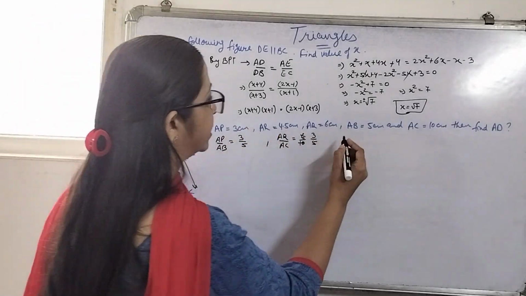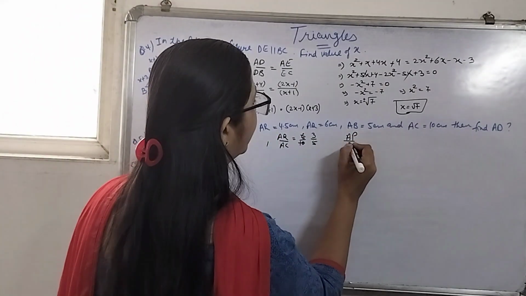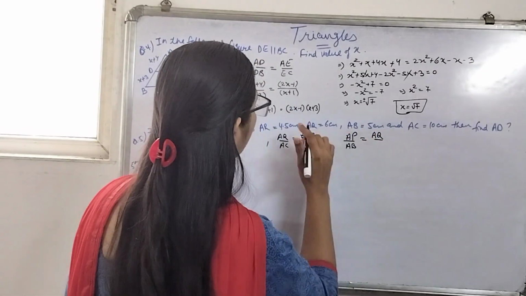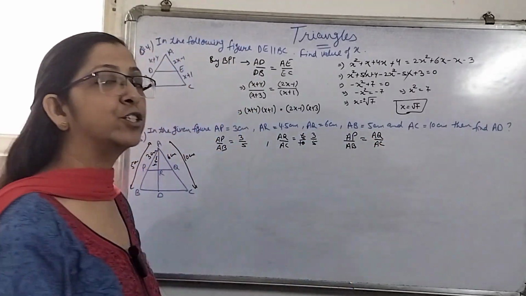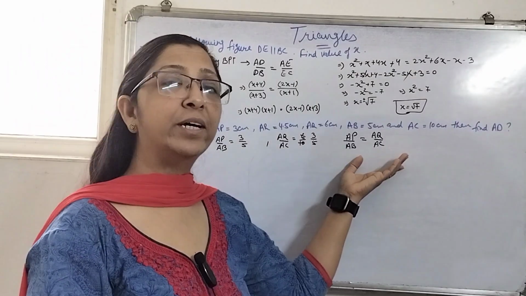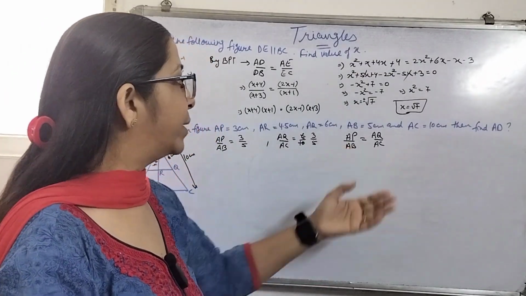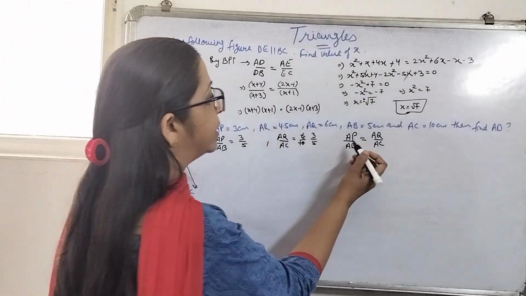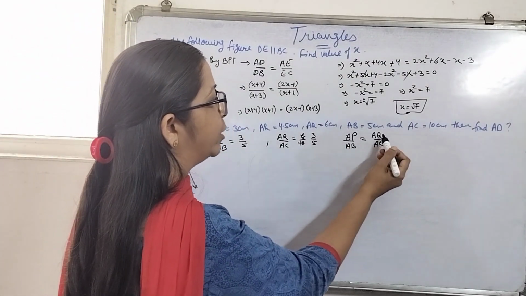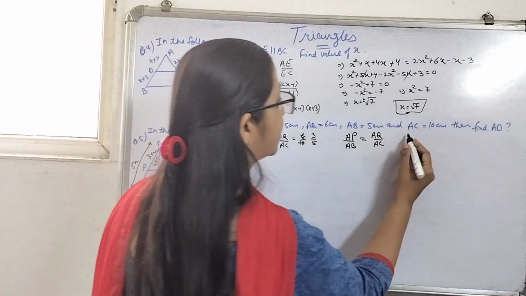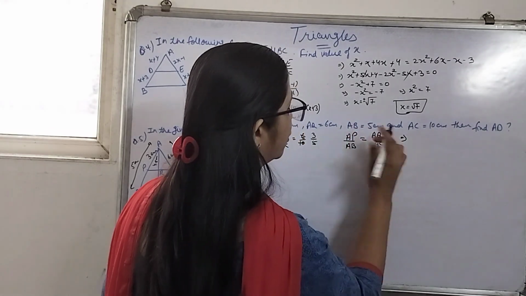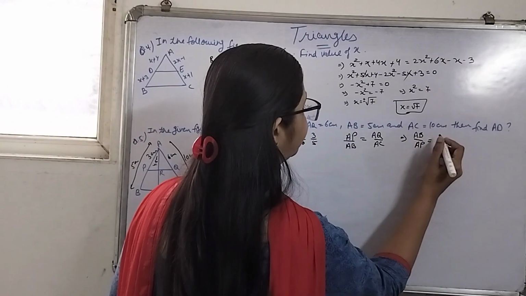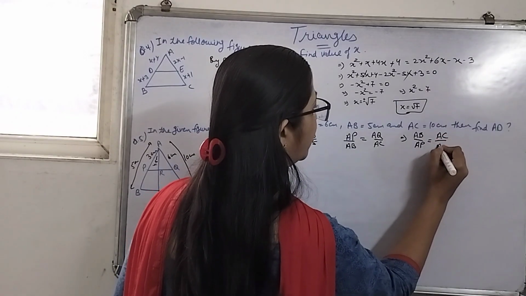That simply means it is given to us that AP over AB is equivalent to AQ over AC. This ratio is equal. Although it is a corollary of BPT also, if this is equal, the reverse of it will also be equal. That means AB over AP is equivalent to AC over AQ.